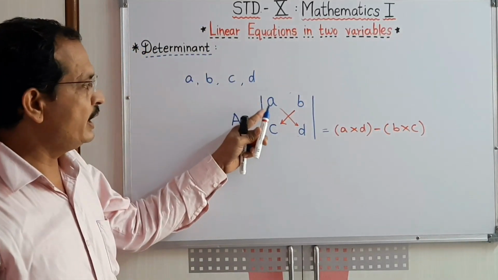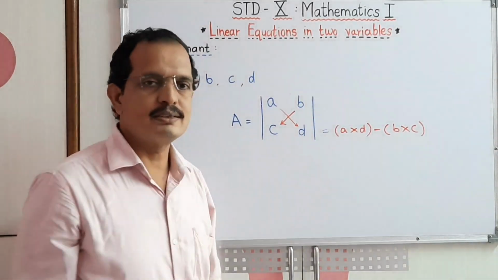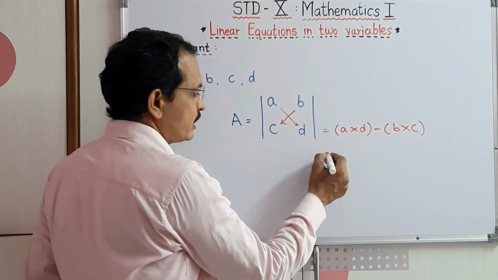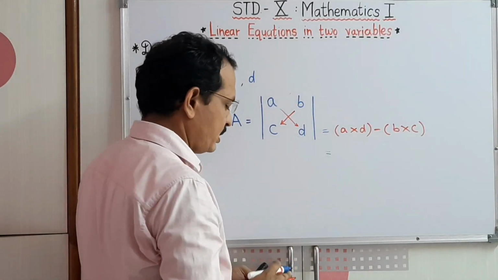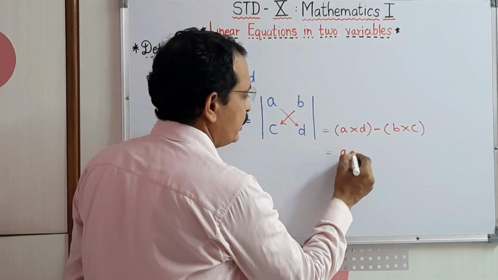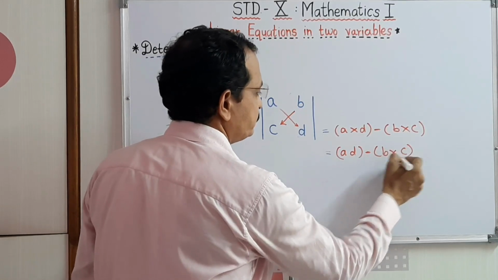That means A into D minus B into C is the value of this determinant.